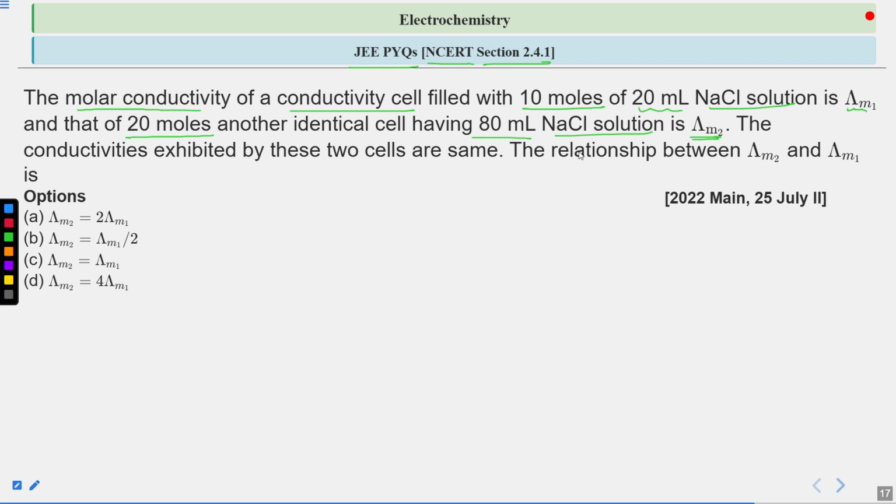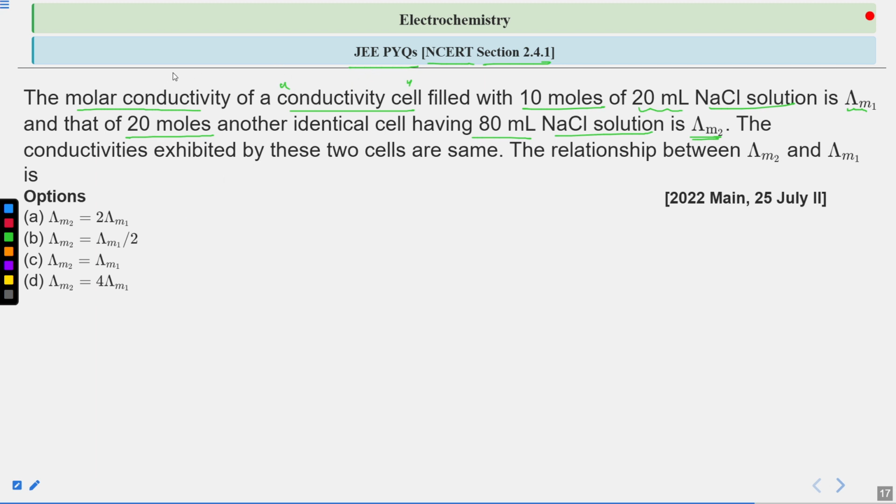So we are talking about a conductivity cell. Remember, we have studied the conductivity cell previously, which we use to measure the conductance of a cell, like a Daniel cell. A conductivity cell is a specially designed cell.